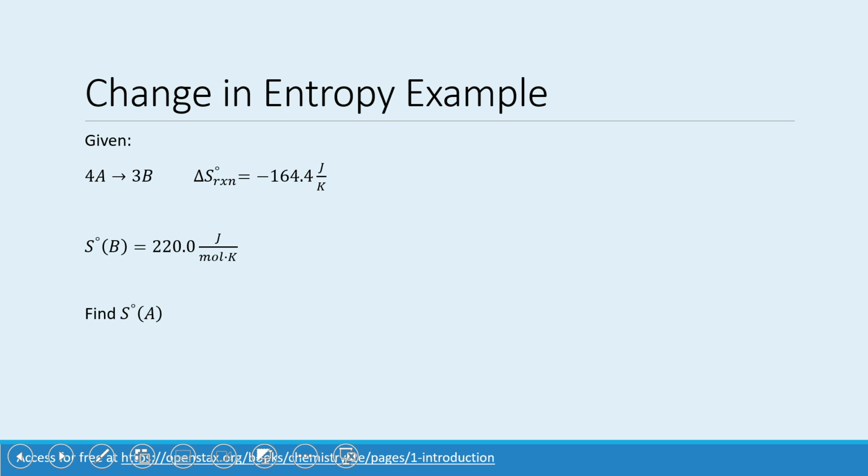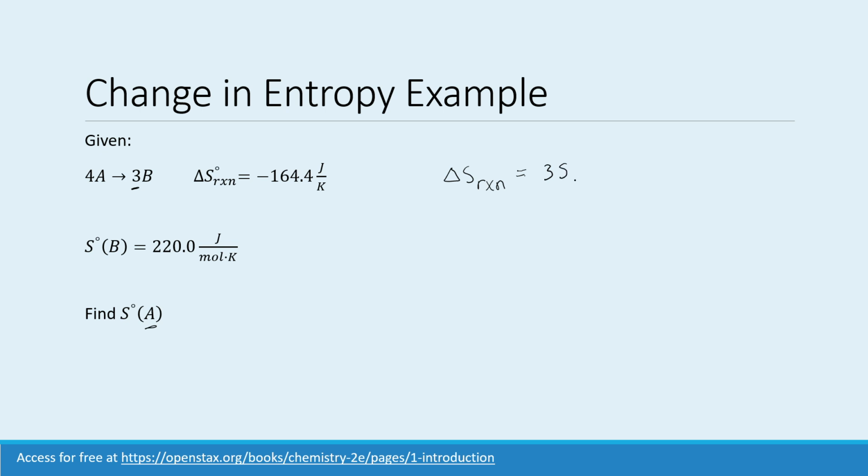Okay, so we've got one last example for this video. We are given this time the reaction and the change in entropy for that reaction. We're also given the standard molar entropy for the product B, but we need to find the standard molar entropy for the reactant A. Of course we know that delta S of the reaction is going to be equal to the sum of the products.